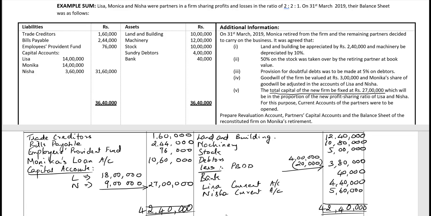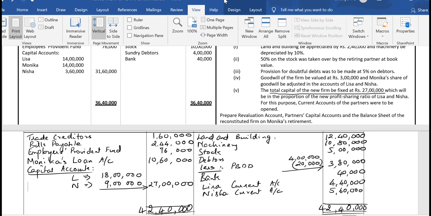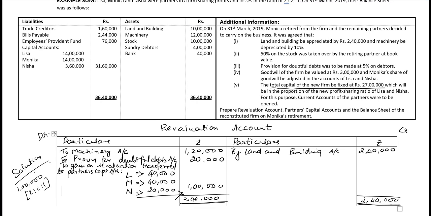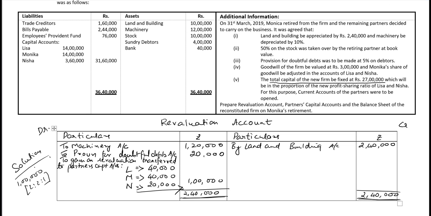I'll remove the split and we can view the full answer. So we began with the revaluation account.